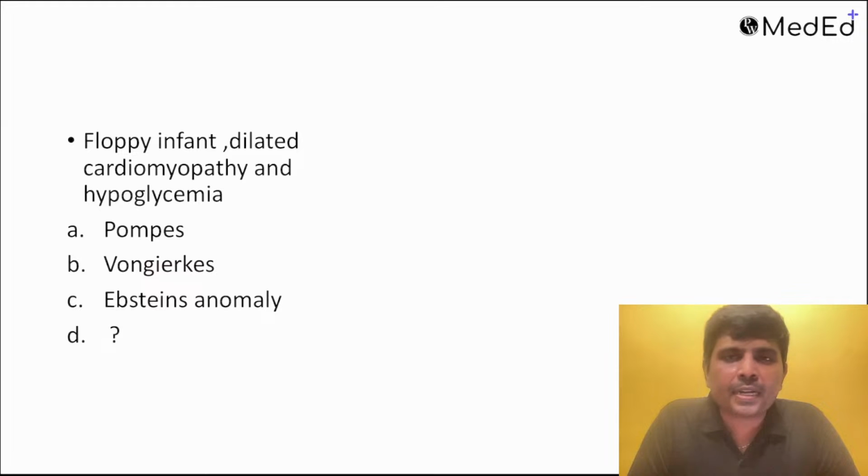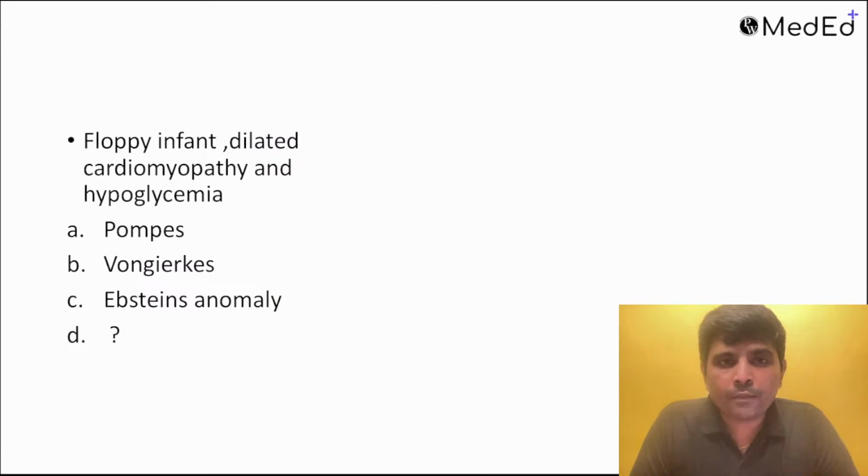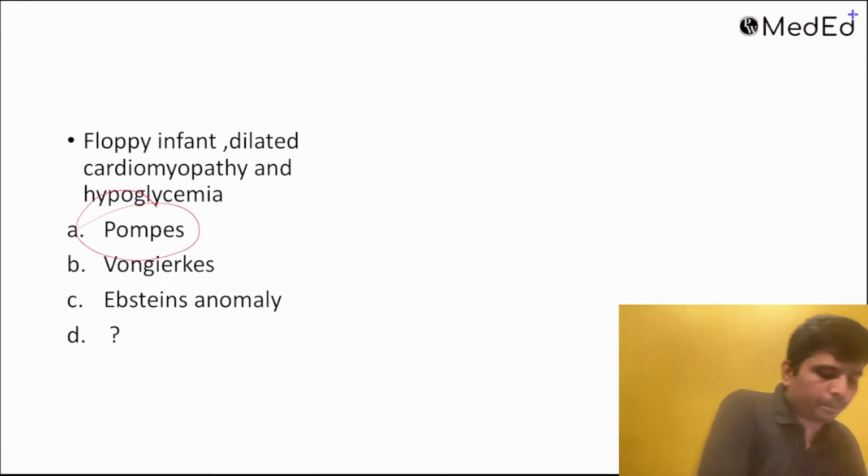The largest heart in a newborn you usually get in two conditions: one is Pompe's disease, another is Ebstein's anomaly. But Ebstein's anomaly is not associated with a floppy infant. So the answer is Pompe's.